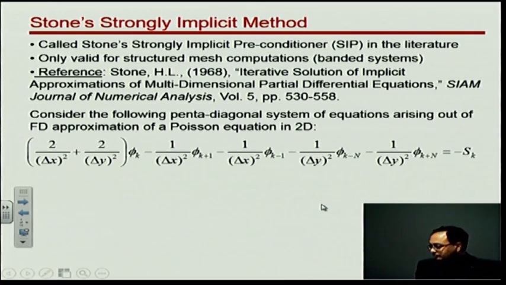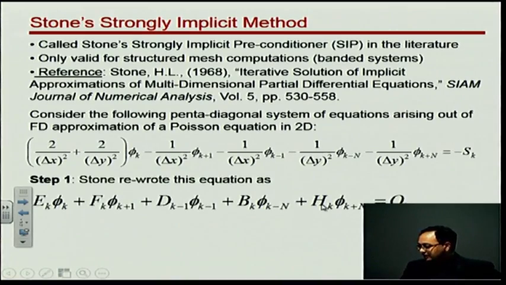Once we do our finite difference, as we know, we get these 5 diagonals. What Stone first did was write this equation in this form. He named the 5 diagonals E, F, D, B, H. E is the diagonal.